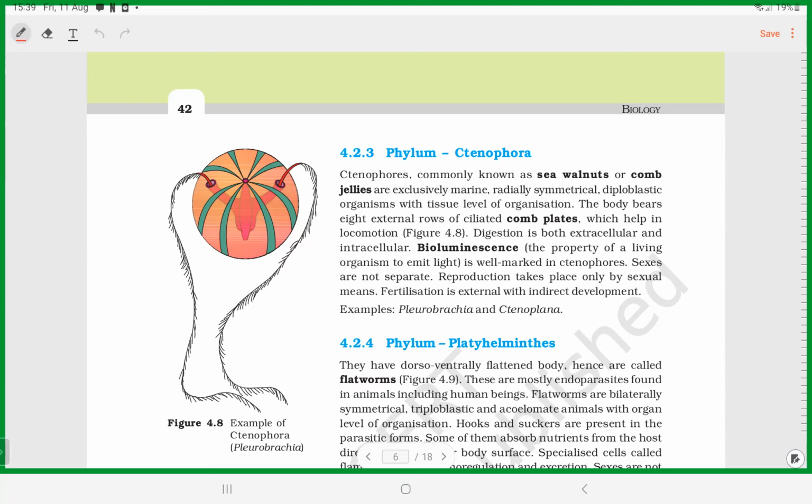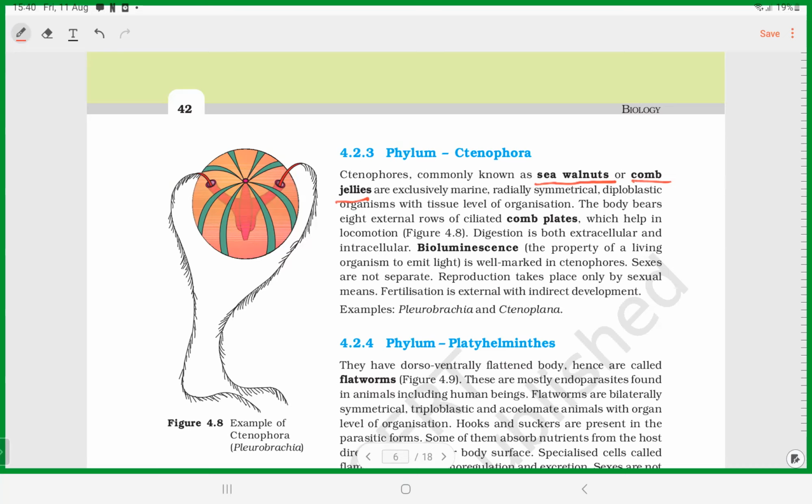Now, the third phylum of the animal kingdom is Ctenophora. Ctenophores are commonly known as sea walnuts or comb jellies. Underline those two important bolded points. Another important character you must note down is that they are exclusively present in the ocean.